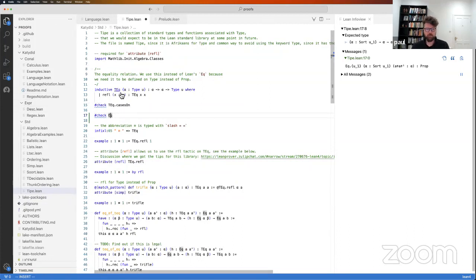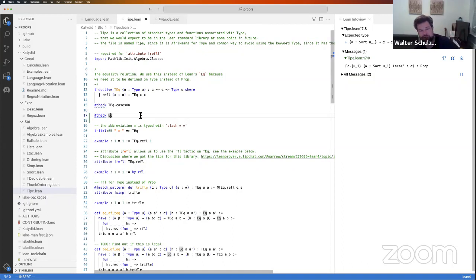But in TEq, we still have one constructor, right? We don't have more than one proof of equality. What's interesting is, maybe it works, but I was not able to pattern match on TEq. It probably works, but I couldn't figure it out.